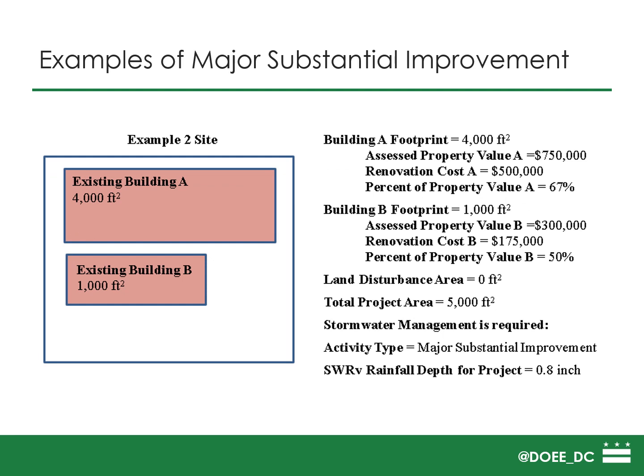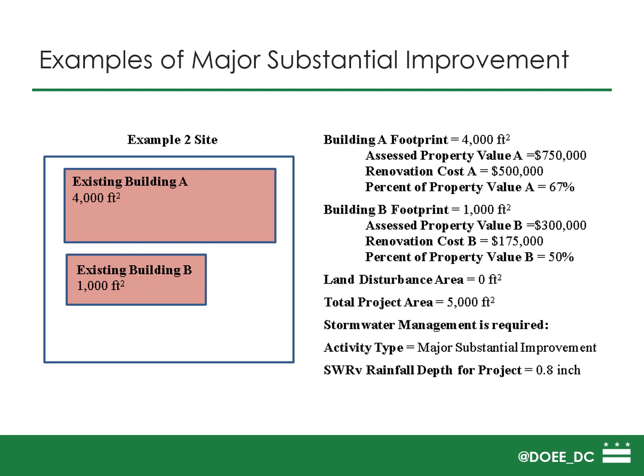You have two buildings on a site, one of 4,000 square feet and one of 1,000 square feet. So in this case, you would look at each building individually, and you would look at the renovation cost for building A and the renovation cost for building B, and then compare it to the assessed property value of each building.